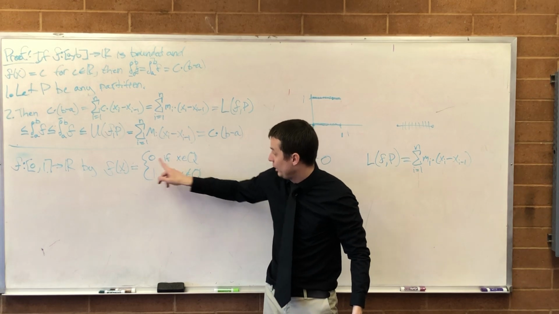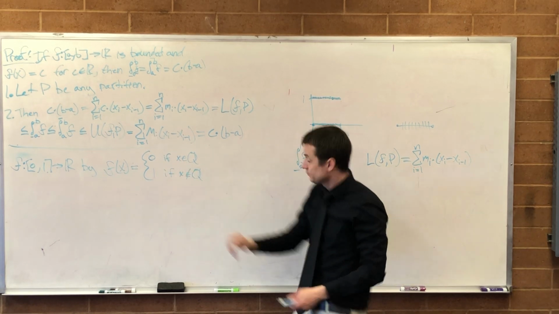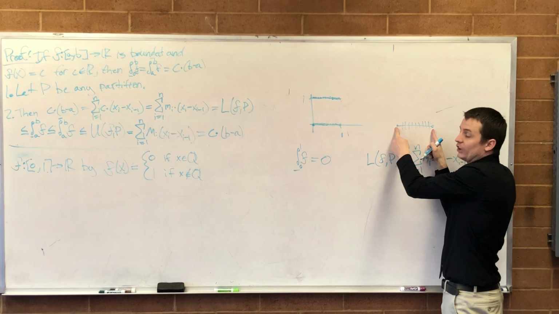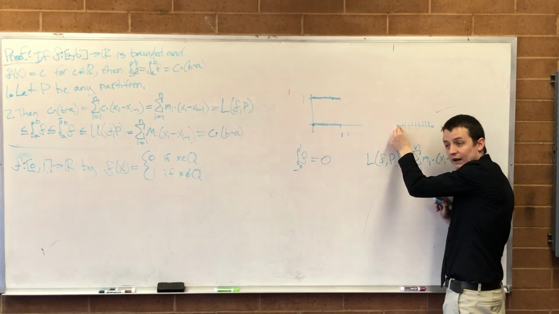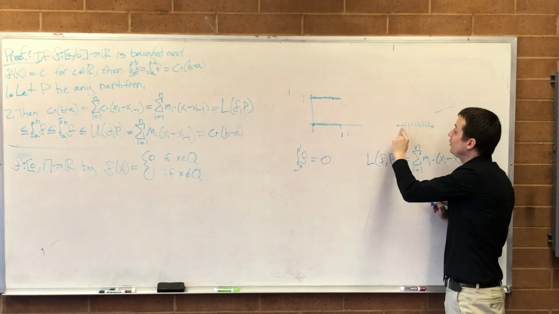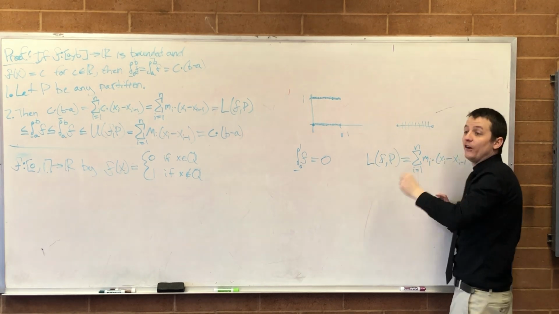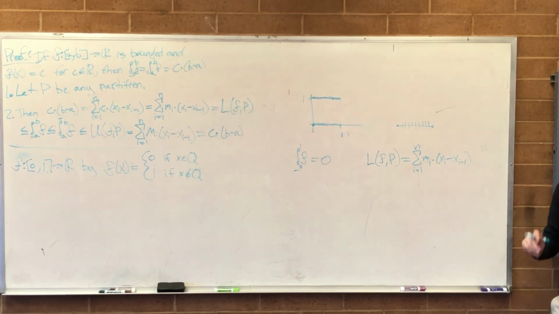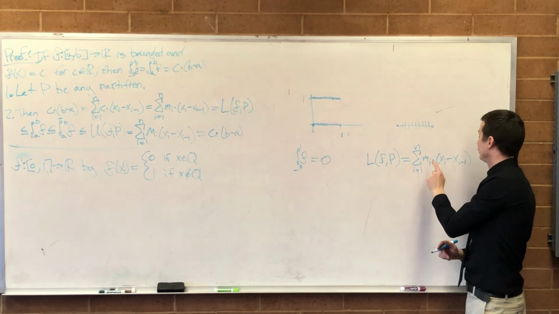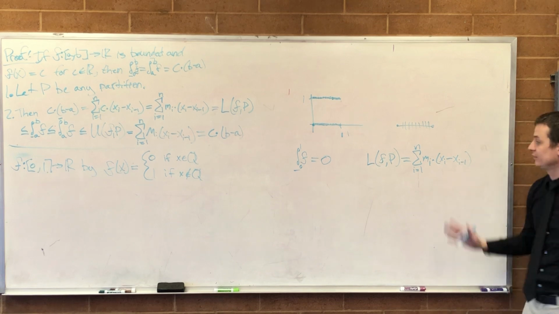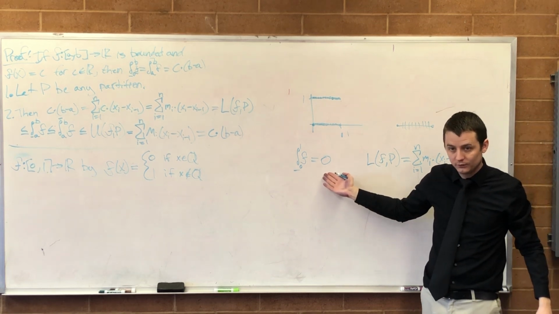We assign the number 0 if the number is rational. No matter how much I divide up this interval, no matter how small of a partition I make, since rationals are dense in R, I'm always guaranteed they contain a rational. Therefore, the least value that the function takes on any subinterval you choose is always going to be 0. So it's always going to be 0 times the distance, 0 times the distance. Add them all up, you're always going to get 0.